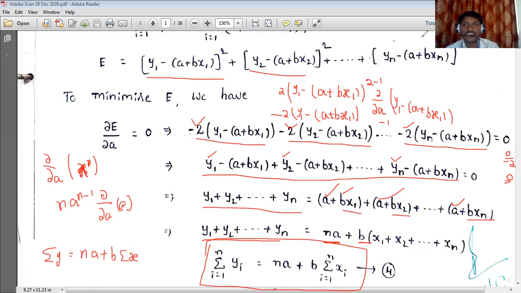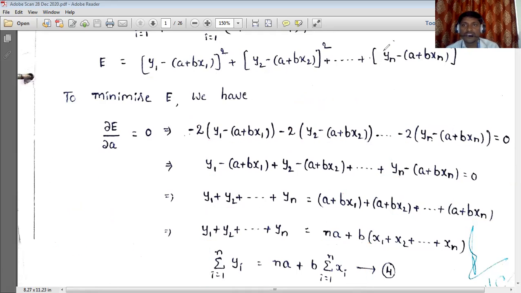Next we need to apply the partial derivative with respect to b. As usual, first we write 2 into y1 minus of a plus bx1, into dou by dou b of y1 minus of a plus bx1.